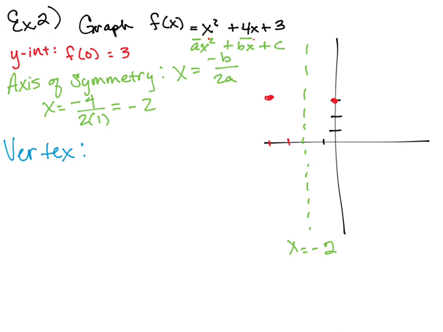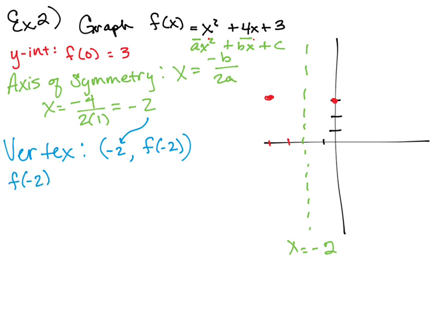Okay. Next, we want to locate the vertex. And again, the vertex is on the axis of symmetry. So the x value for my coordinate of my vertex is that negative 2 that we just found, which is awesome. So all that's left is to go into my function and evaluate output when x is negative 2. What's f of negative 2?